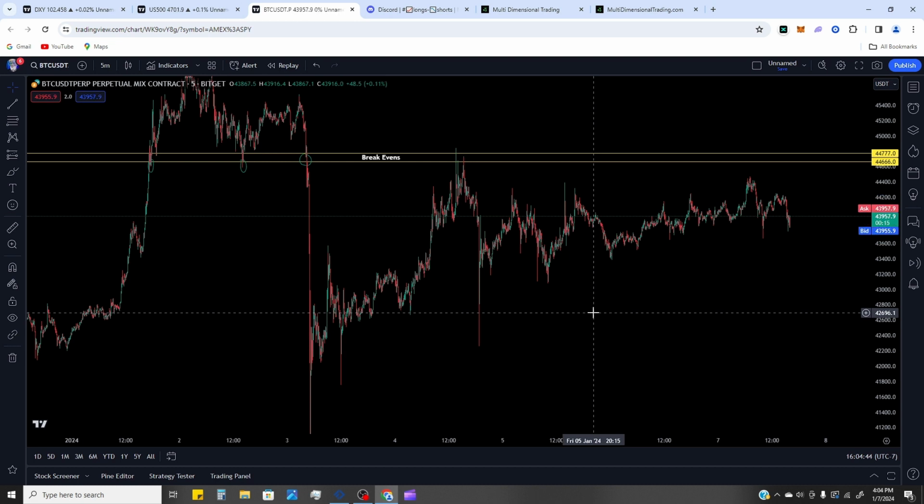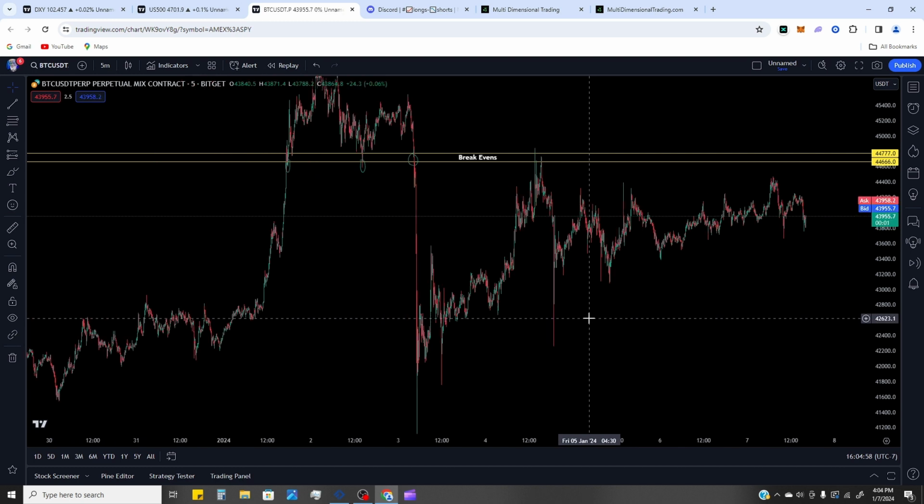Okay, this is easy to do. This is easy to practice. Once you get that confidence, you'll know that it happens over and over on every chart, and you'll know how to apply it. Equal highs, equal lows, break evens, the number signals, the bubble theory.